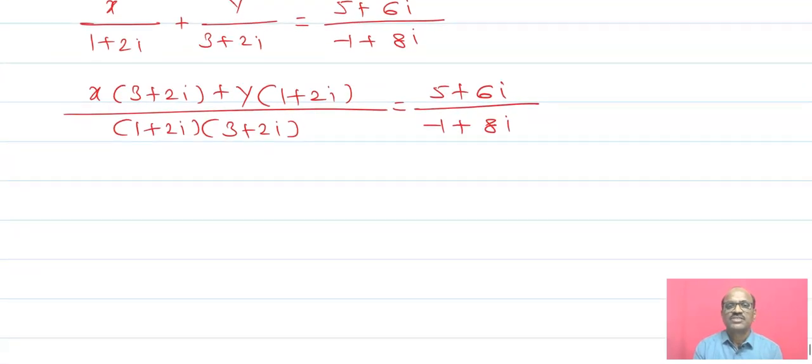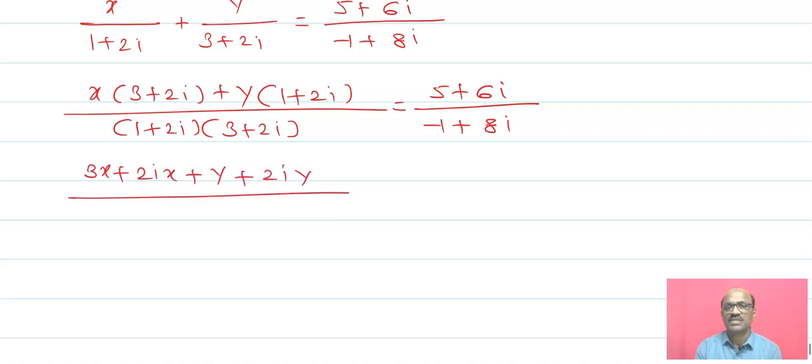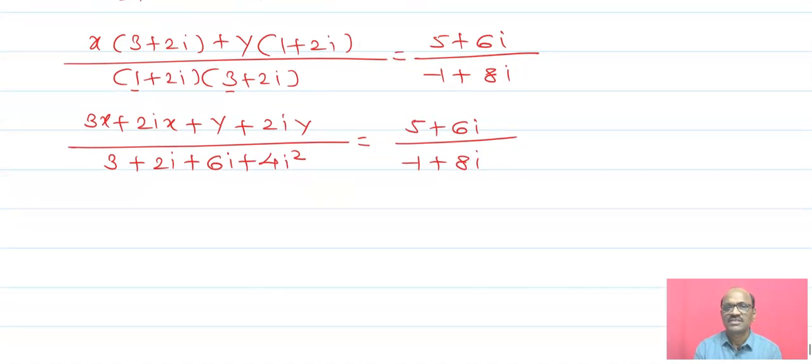Now their multiplication: 3x plus 2ix plus y plus 2iy. Now in the first bracket 1 plus 2i, in the second bracket 3 plus 2i, their multiplication, i square is minus 1, that is minus 4.